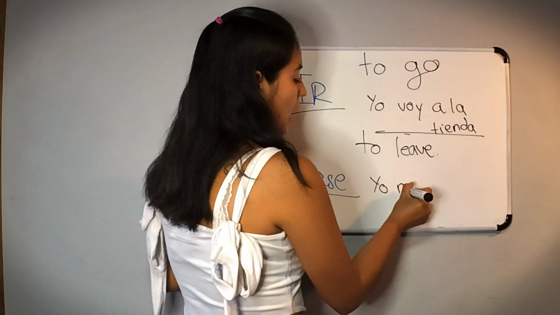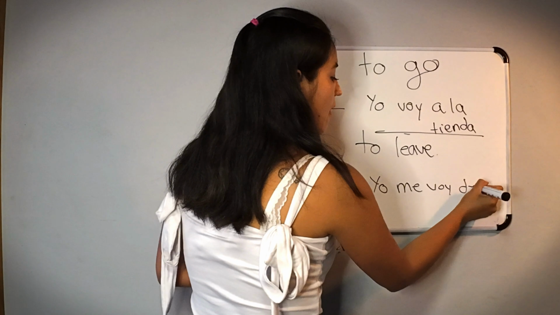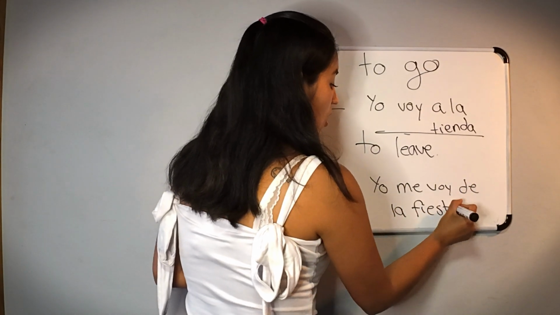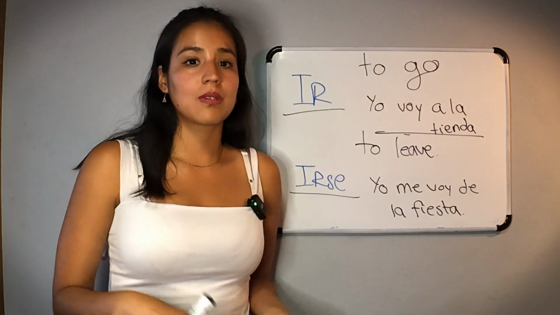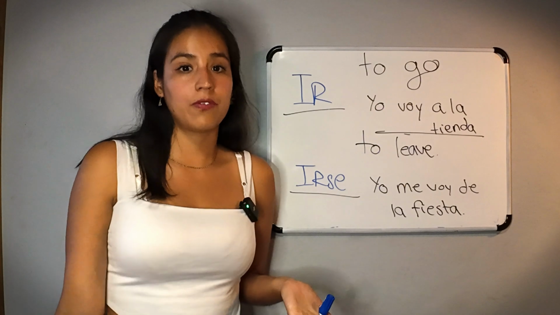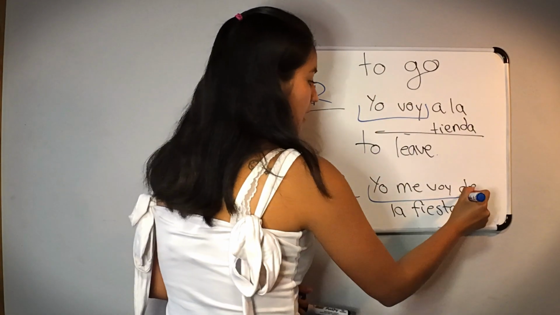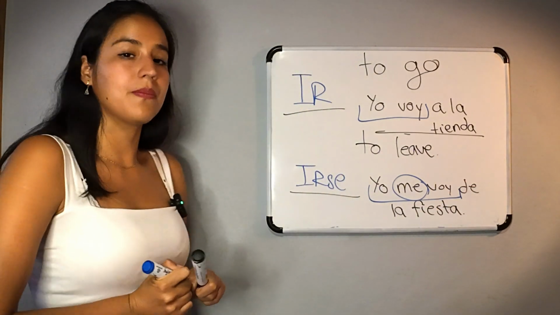"Yo me voy de la fiesta." So I leave the party. I'm leaving from the party. "Yo me voy de la fiesta." You can see how the only thing that changes is the reflexive pronoun we have in here.